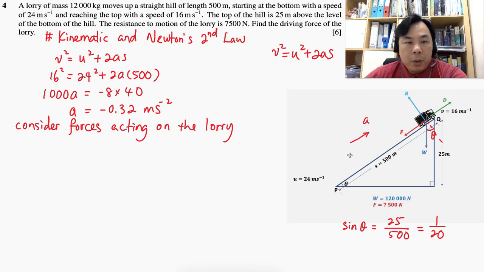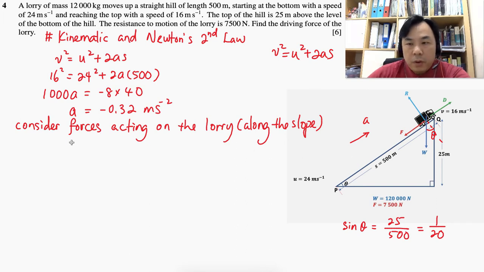Right. Now, when we consider forces acting on the lorry, the one that we are interested to work with is along the slope. So here I'll just put down along the slope. So we are only interested in the component of force that is acting along the slope itself.